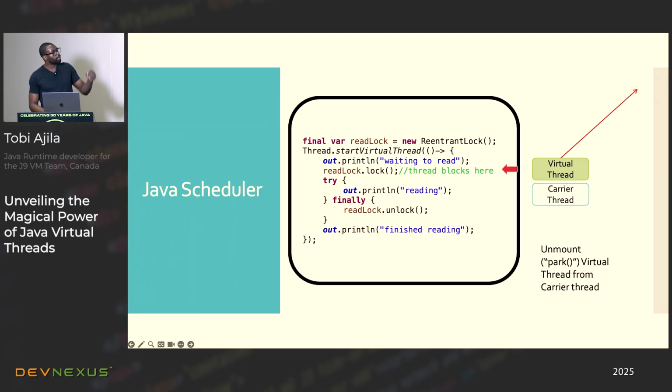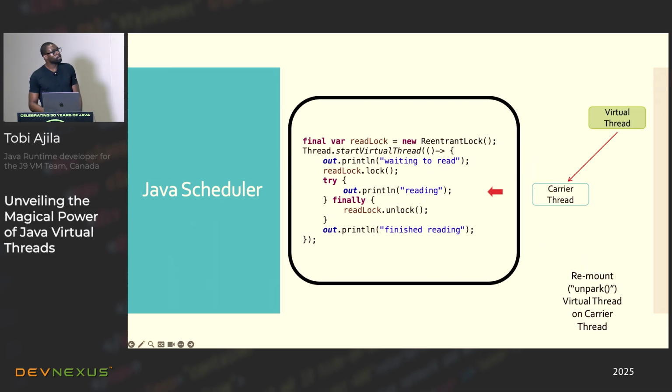In this case, we're hitting a lock. The lock is held by another thread, so we're going to block. Once the lock is free, the virtual thread is added back, and it's mounted again onto the carrier. In this case, unparked, and then it's a continuous execution.